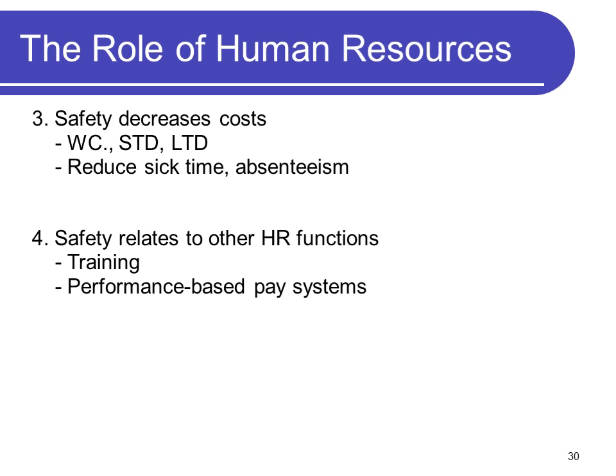Safety relates to other HR functions like training and performance-based pay systems. We talk about how to implement a training program in regards to health and safety and HR, and performance-based pay systems. In some companies, because they reduce accidents, they receive a bonus.